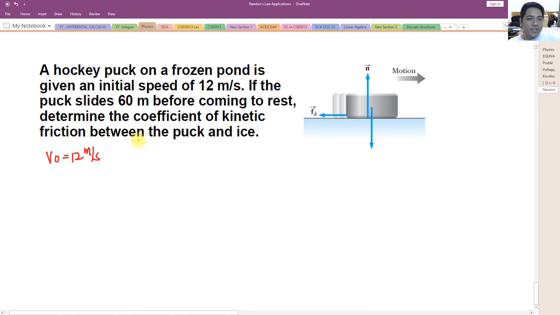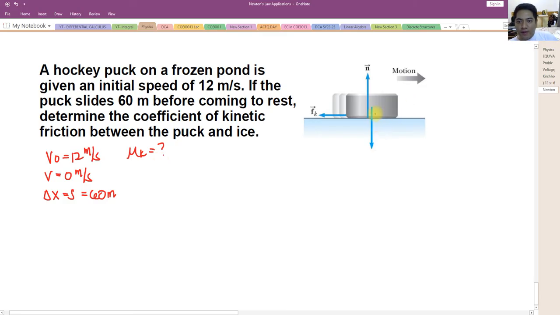If the puck slides 60 meters before coming to rest, so it traveled 60 meters along X before coming to rest, so the final velocity must be 0, and the distance traveled along X, delta X or S, would be 60 meters. Determine the coefficient of kinetic friction between the puck and the ice.